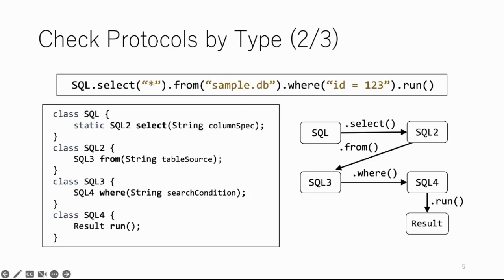So receiver types transition like the right diagram, and only a valid method chain type checks. And incorrect method chains are detected as type errors because there are no corresponding methods.